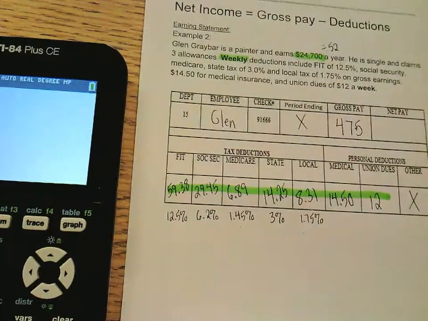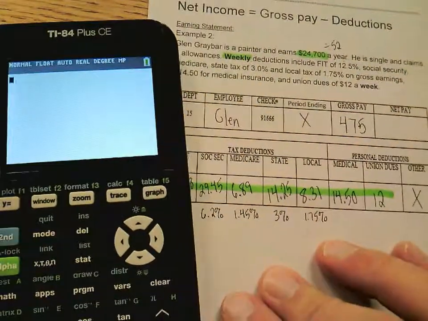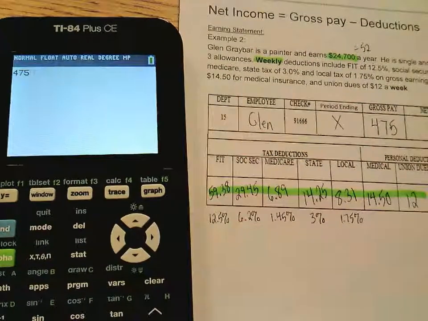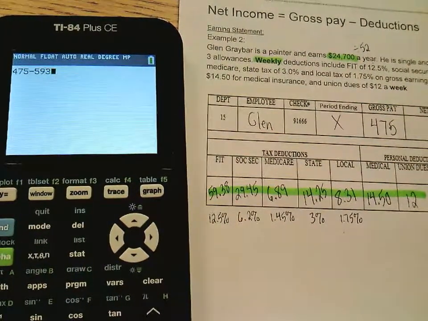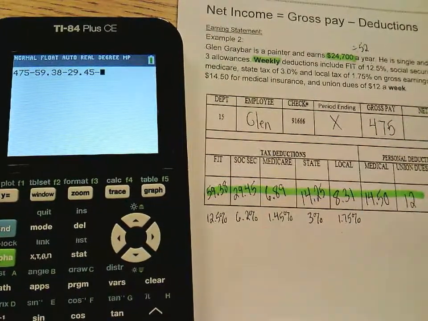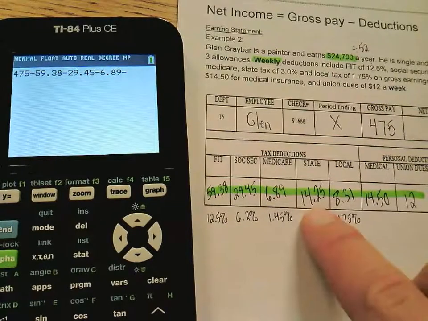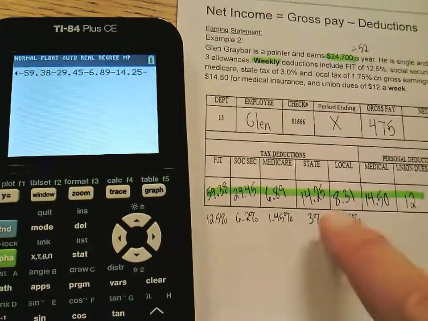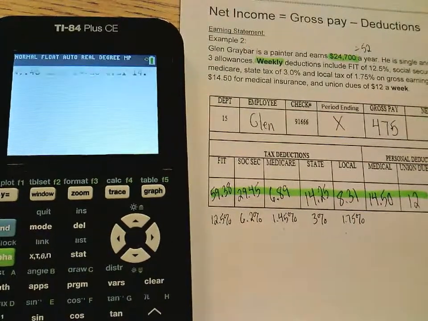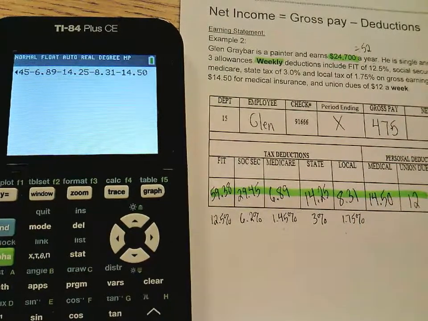All right. So, starting with 475, and then just start subtracting your deductions. Minus 59.38, minus 29.45, minus 6.89, minus 14.25, minus 8.31, minus 14.50, minus union dues, which is 12.